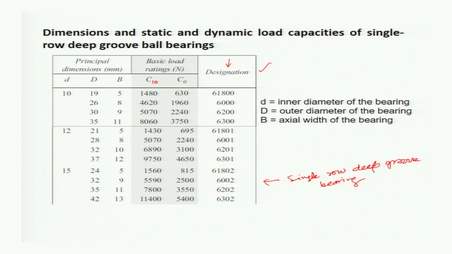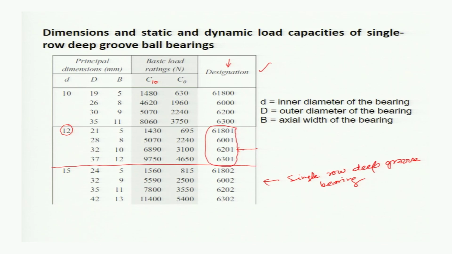So suppose you have selected this particular bearing, because the bore of your shaft or the bearing is 12, so you have to select a 12 bore bearing. The diameter of the shaft is 12, so corresponding to d equal to 12 you will select. So your bearings for this bore are this set of deep groove ball bearings.